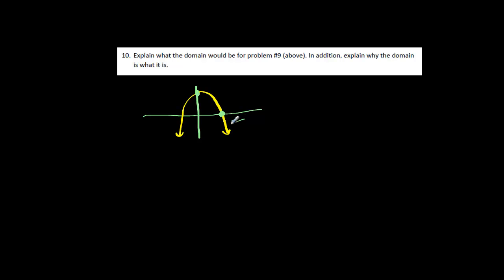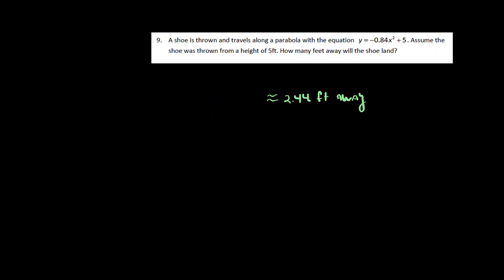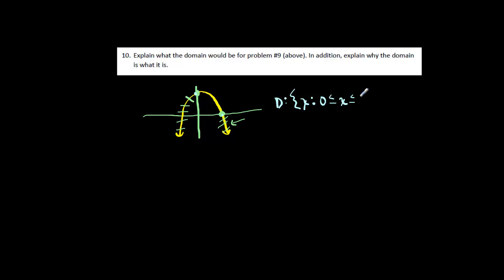Well, this part is under the ground. This part is under the ground, and this part is a negative distance. So none of this is going to be part of the domain. The domain is from here to here. So the domain is going to be the set of all x's such that x is greater than or equal to 0, but less than or equal to 2.44.